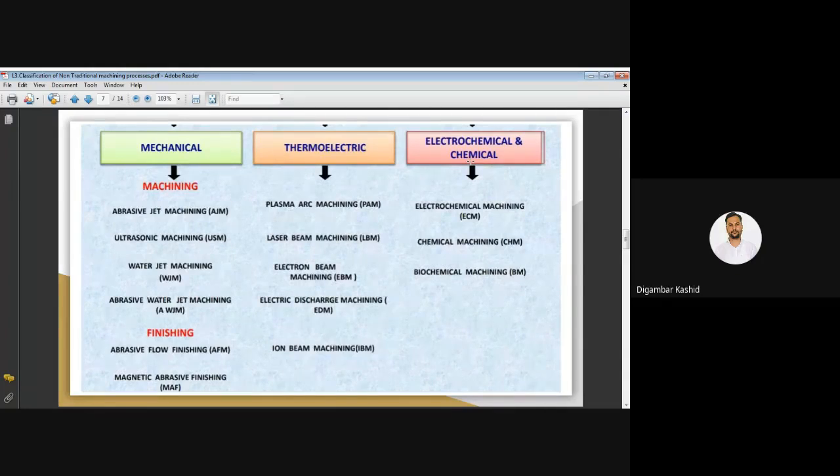So electrochemical machining plus conventional grinding gives electrochemical grinding. Another process is electrochemical spark machining, then electrochemical arc machining, then electrodischarge abrasive machining. So these are some hybrid processes also.